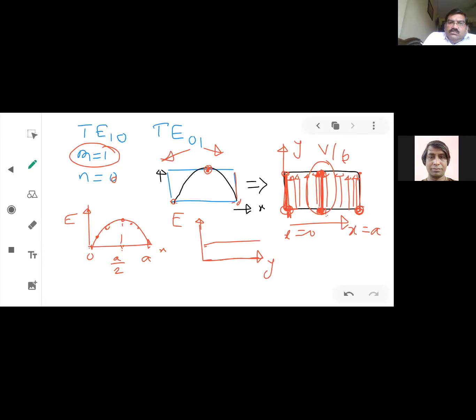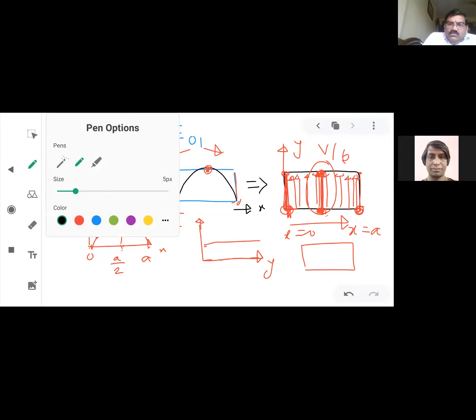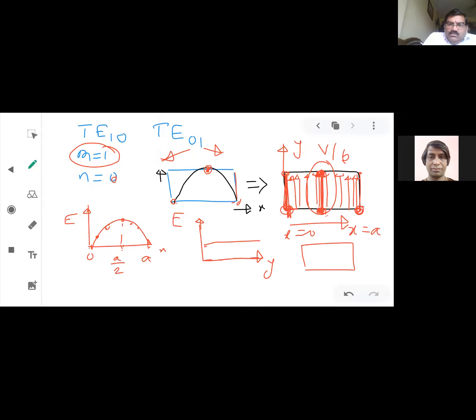What if the orientation of the field is different? Suppose this is the width, this is the height, and the electric field is something like this. Now they are horizontal and maximum at the middle, but as you go towards the bottom plate or the top plate, the field intensity drops to 0.